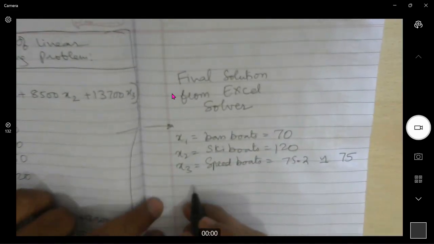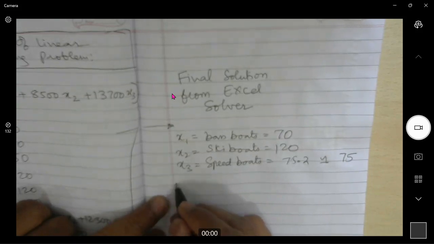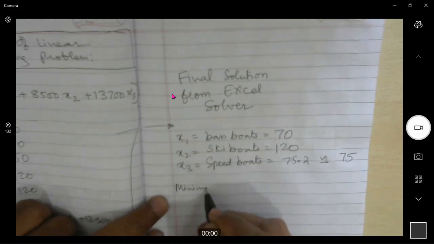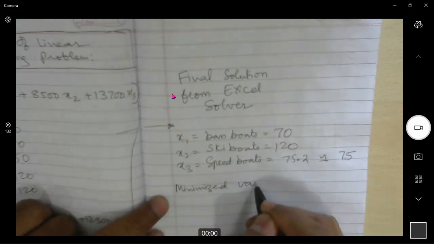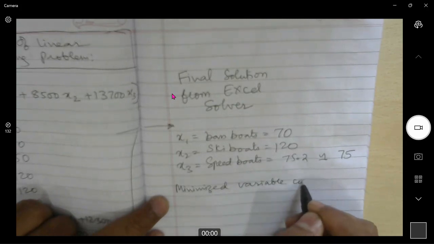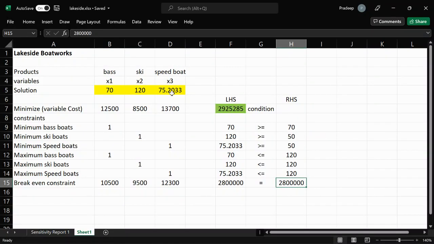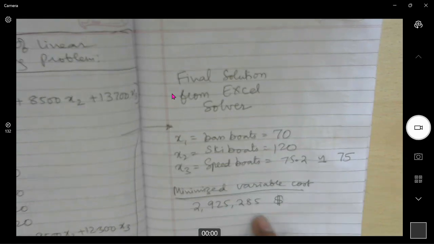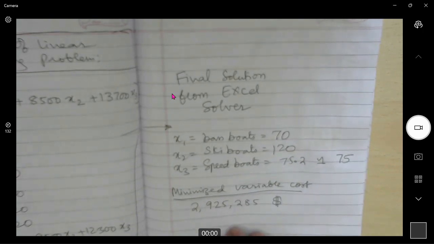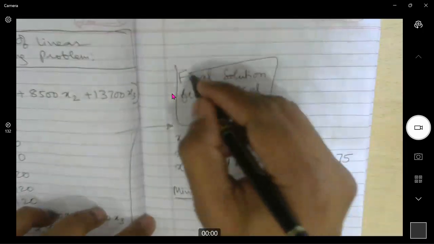So what is your minimized variable cost? The minimized variable cost is 2,925,285 dollars. So finally we got the solution.